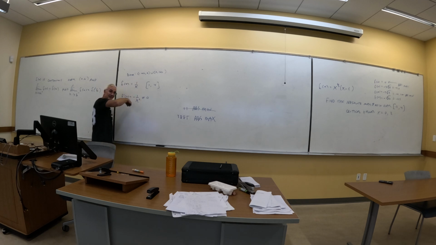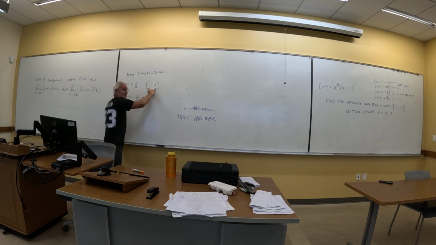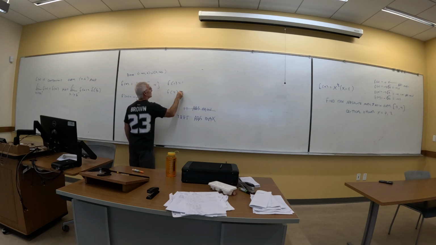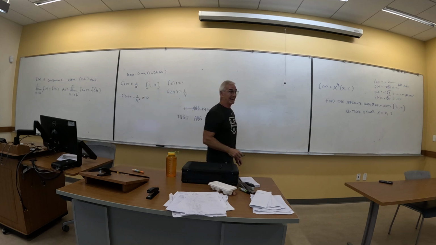There are no critical values. So what am I going to check then? Endpoints, just these two. So f of 1 is 1. f of 4 is 1/4. So there's the absolute max. There's the absolute minimum. Kind of boring.